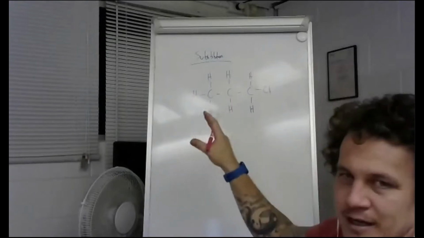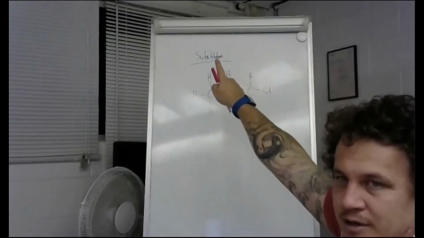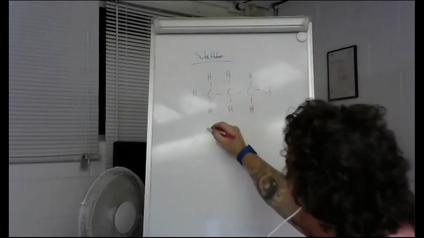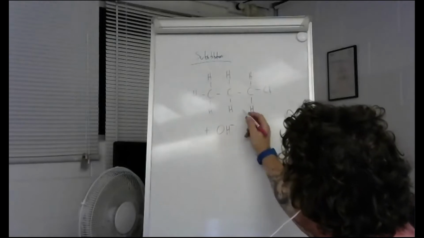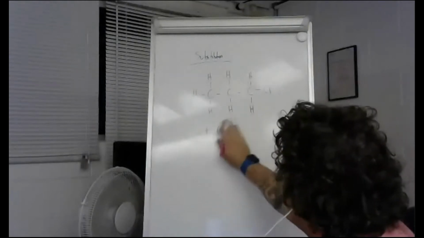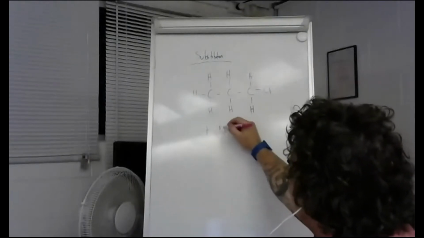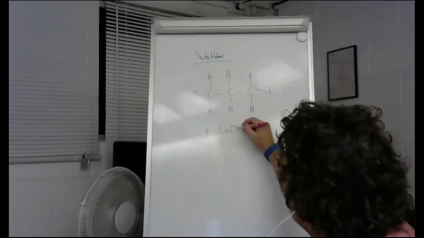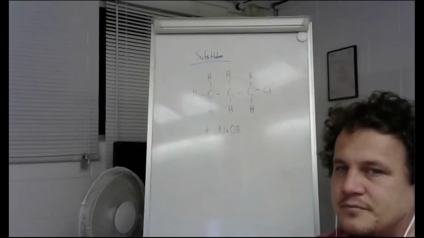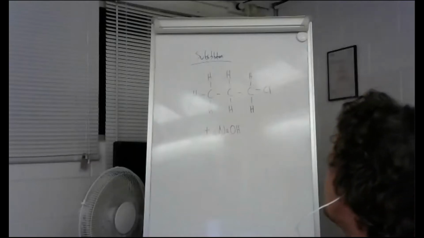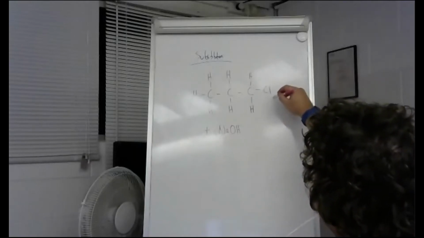We take a haloalkane. It's a substitution reaction. We add OH minus, usually in the form of sodium hydroxide. Well, as you know it, drain cleaner. Chlorine gets kicked off.